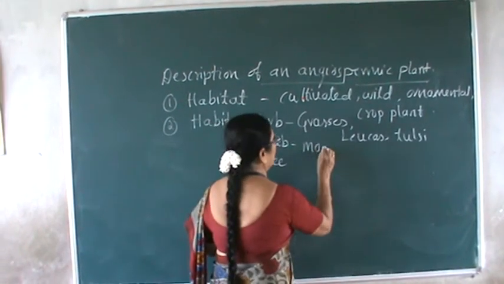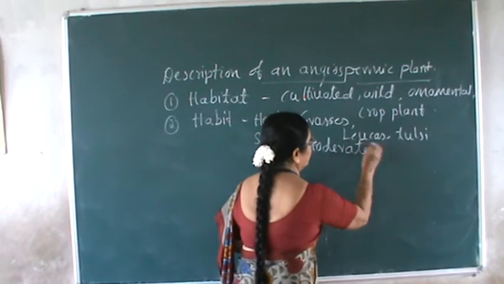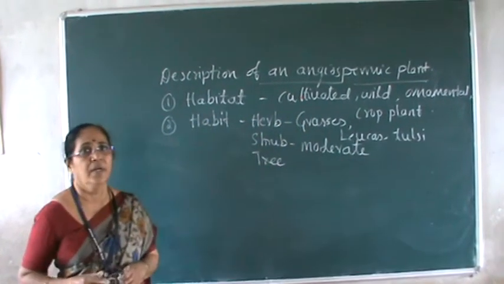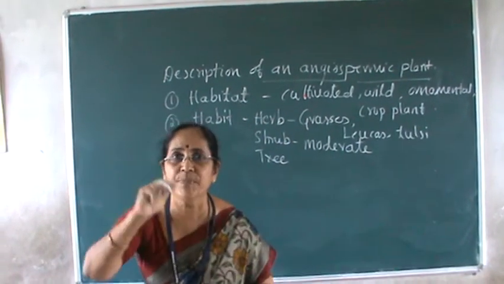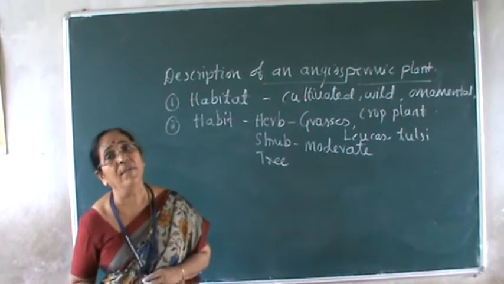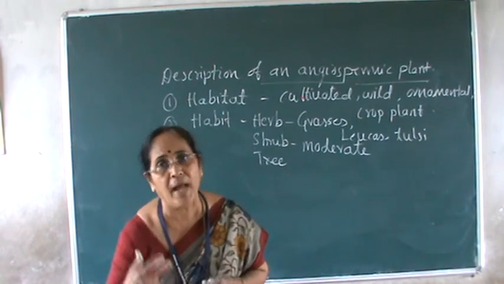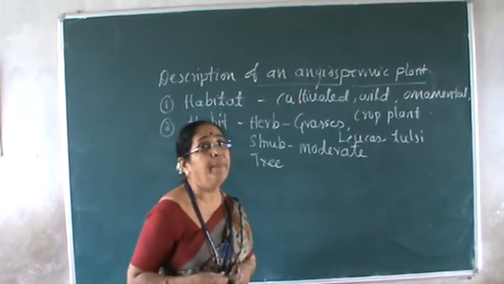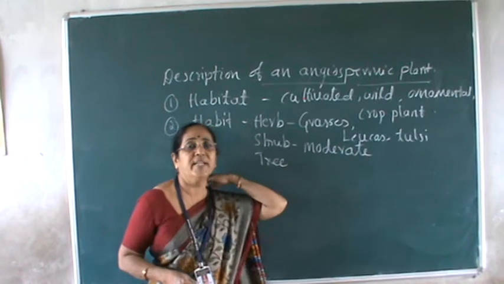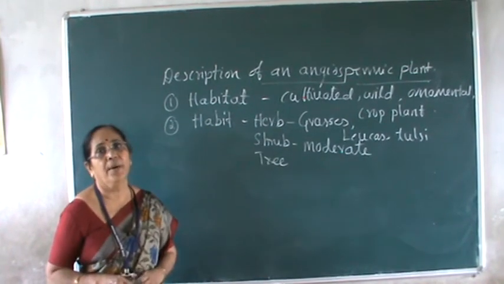The shrubs are medium-sized, moderate-sized plants. Small trees, it gives an appearance of a small tree. Guava, many a time, it is a small tree. Generally, it also grows as a larger tree, but guava can be quoted as an example for this moderate-sized plant called a shrub.